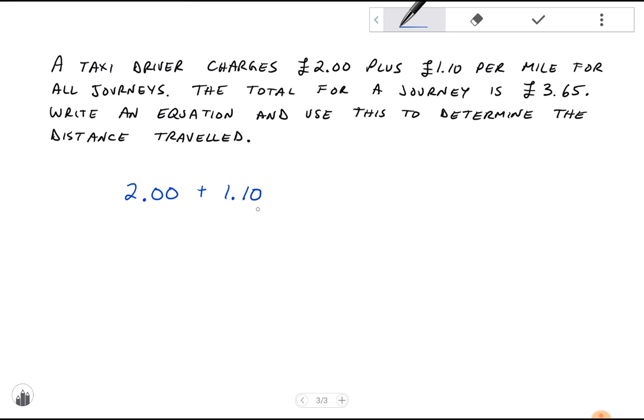So if we take this charge per mile and multiply it by miles, right? £2 just for getting in, and then £1.10 times however many miles we go. This is our equation for our journey, and that will give us our total price.